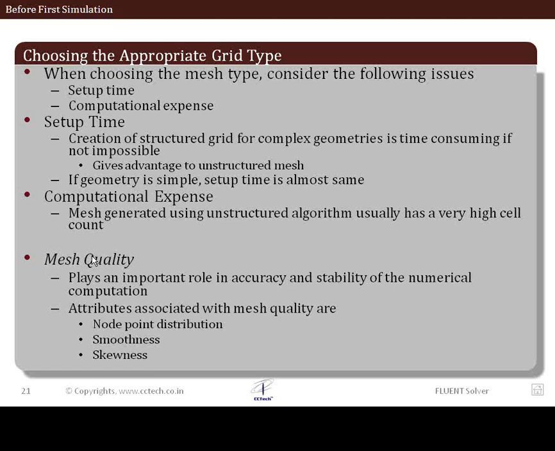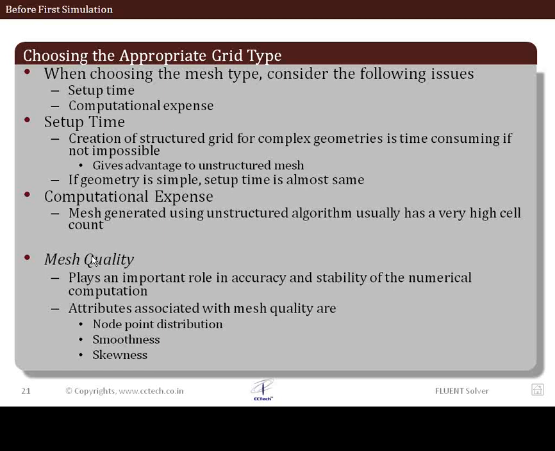So if you have a quadrilateral element which is more of a trapezium or a rhombus, in that case this is differing from an ideal square element by some skewness value. It's a factor which is assessed on a scale of 0 to 1. If it is 0 skewness, it means it's a very good element, very close to the ideal element which we expect. Skewness can be defined in terms of angle as well as sizes.